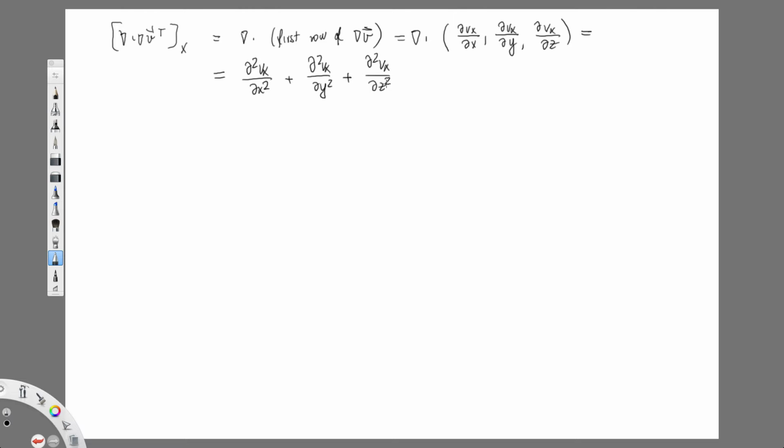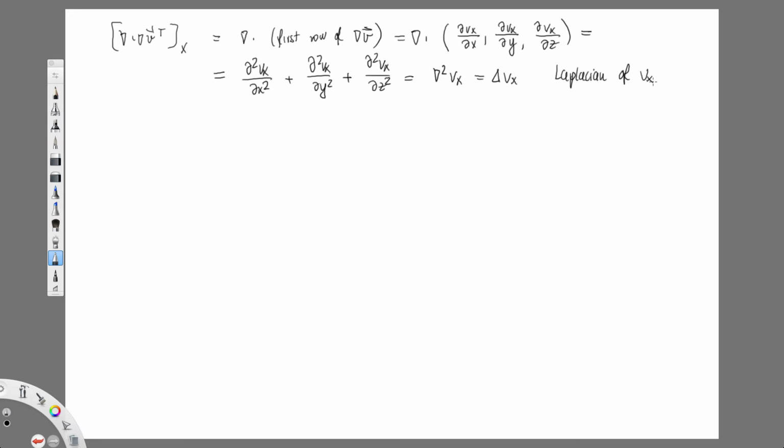Divergence takes partial x of the first, plus partial y of the second, plus partial z of the third component. Okay, so there's a name for this. How do we call this? It's a Laplacian. Sometimes it's termed like this, and sometimes it's written like this. It's the Laplacian of Vx.